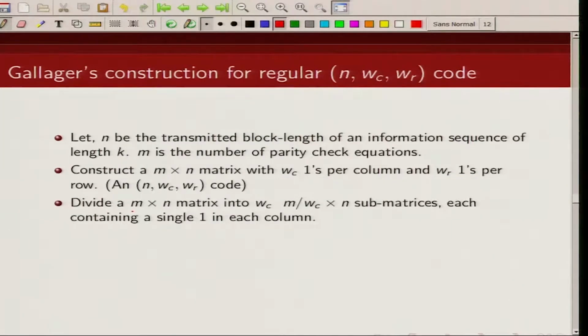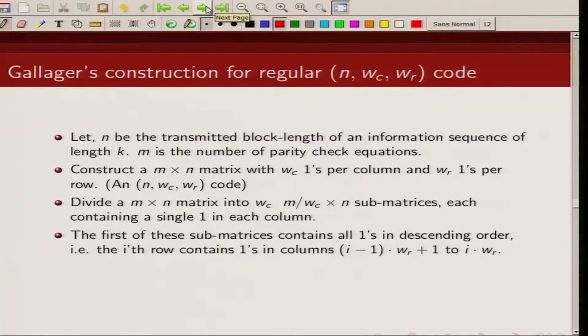Divide the m cross n parity check matrix into WC sub matrices of m by WC cross n, such that in each of these sub matrices your column will only have a single one.